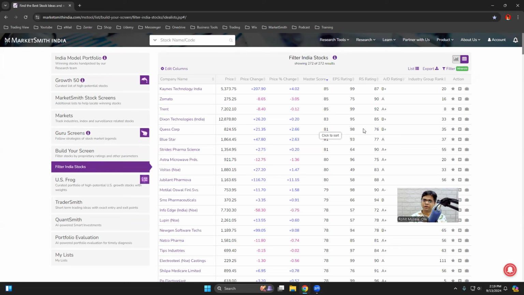Initially, it might be difficult to go through so many stocks, but have patience because half of these stocks are going to be red flags. Red flags means some manipulation going on into the stock, or a penny stock, or a low priced stock, illiquid stock. Maybe promoters have pledged the shares, maybe it is in surveillance list of regulators and exchanges, some reason because of which it has got a red flag given to the stock by MarketSmith.